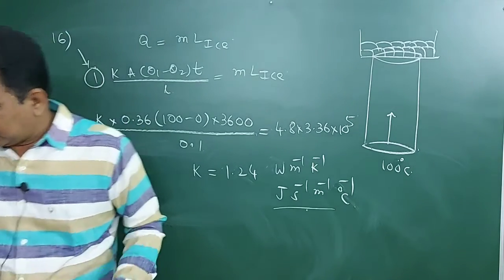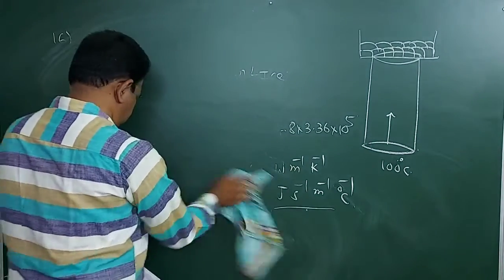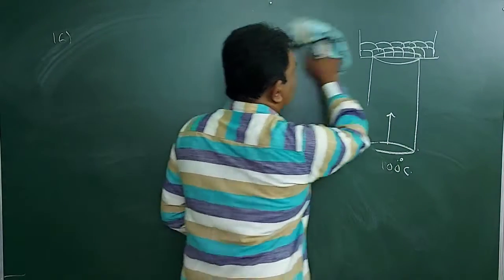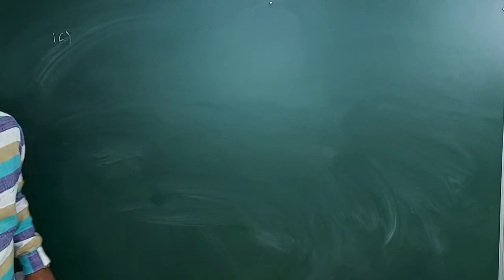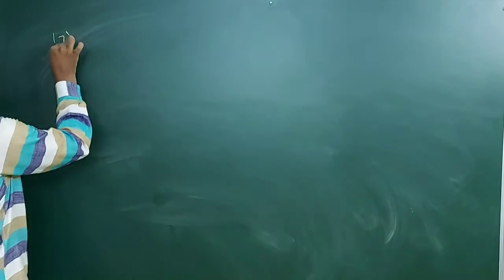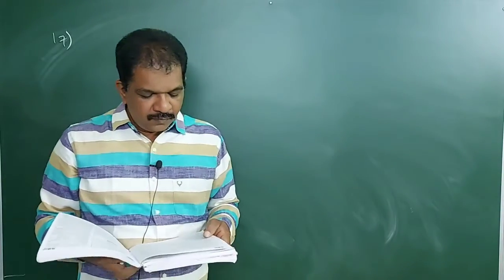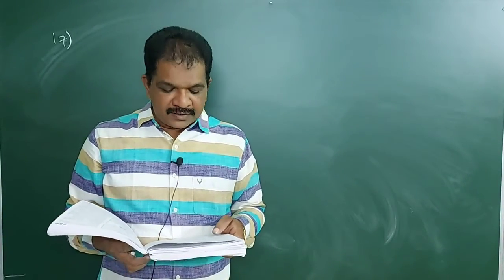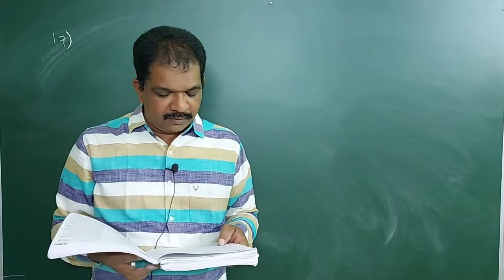Next, 17. What they gave: the radius of the star is capital R. It acts like a black body.